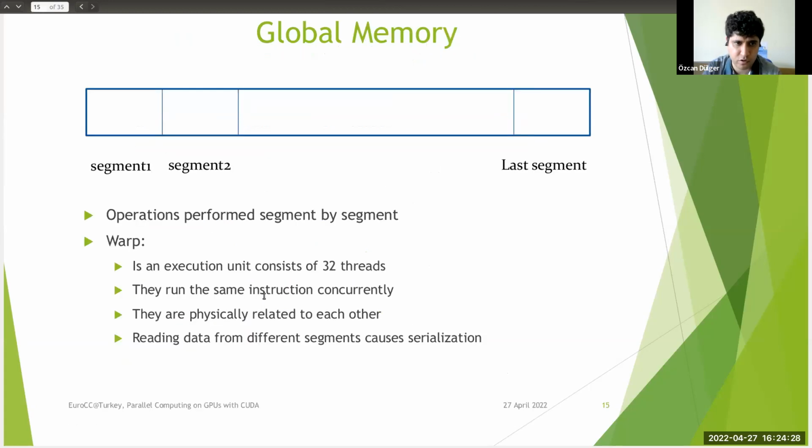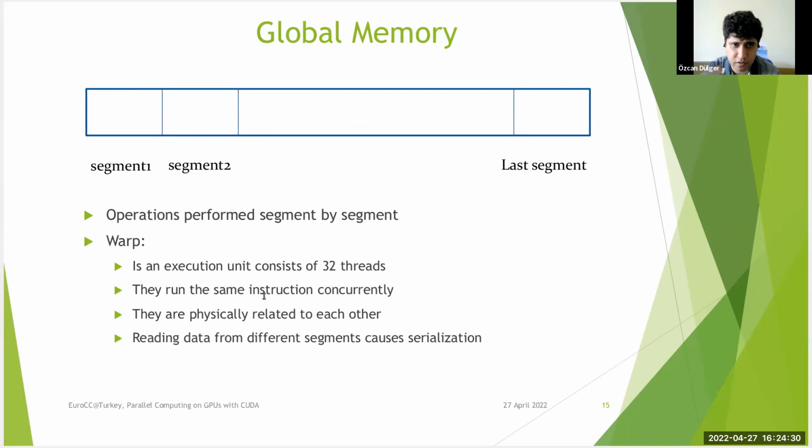Global memory, as I told you before, consists of consecutive segments, and the memory operations are performed segment by segment through global memory. So when a warp tries to load a value from the global memory, if the threads in the warp access different segments of the global memory, those operations become serial.